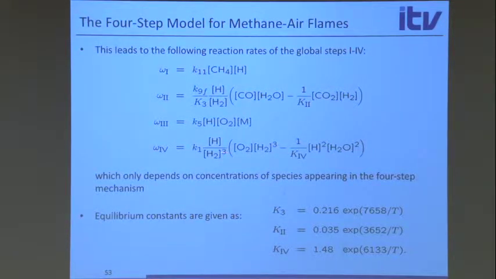And so now there are 4 reactions, and the reaction rates are all expressed in terms of the concentrations of the species that appear in these reactions. So that means that this can now be solved. I showed you yesterday how to compute these equilibrium constants, and they're also given here.